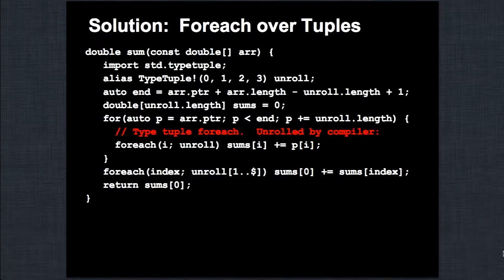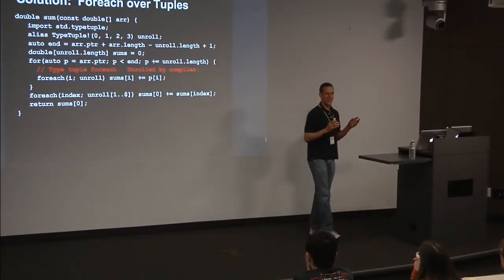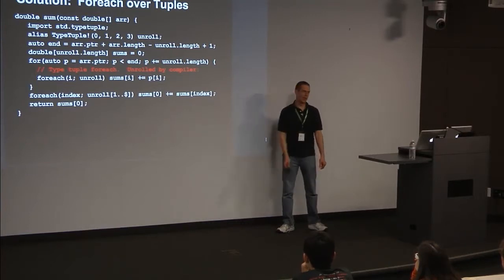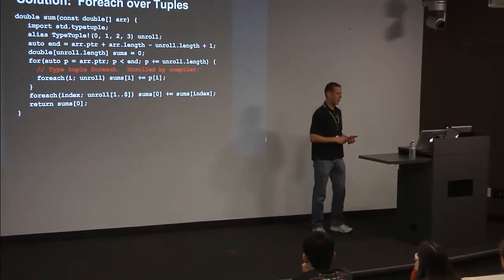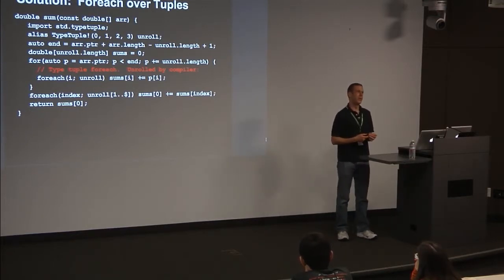So basically this translates to sums[0] plus equals p[0], sums[1] plus equals p[1]. So again, these offsets are known at compile time, which enables some optimizations in terms of being at a fixed offset from the stack pointer. And then at the end we sum up our accumulator variables and return the first accumulator variable.